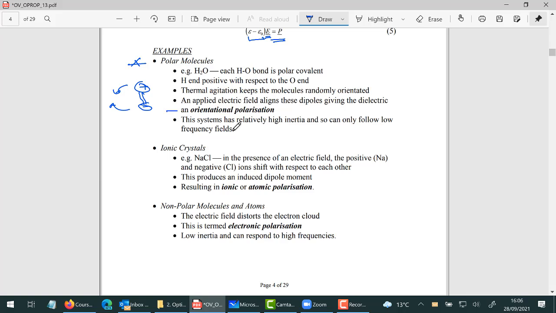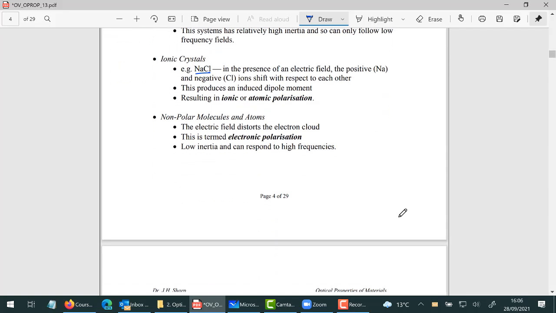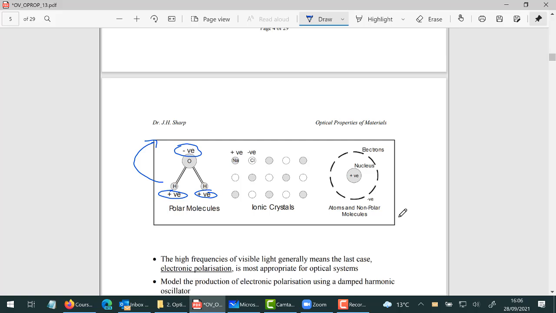Ionic crystals, so these are solids where you have, for example, salt, sodium chloride, and one of those ions is positive and one will be negative. And what we have then is ionic or atomic polarization. So here in our ionic crystal, we have the sodium and the chloride, sodium, and chloride. And those are separated again by some distance dependent on the structure of the actual solid.